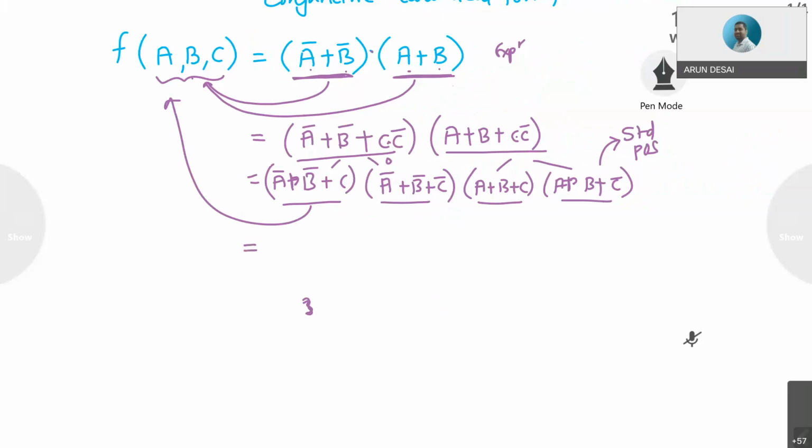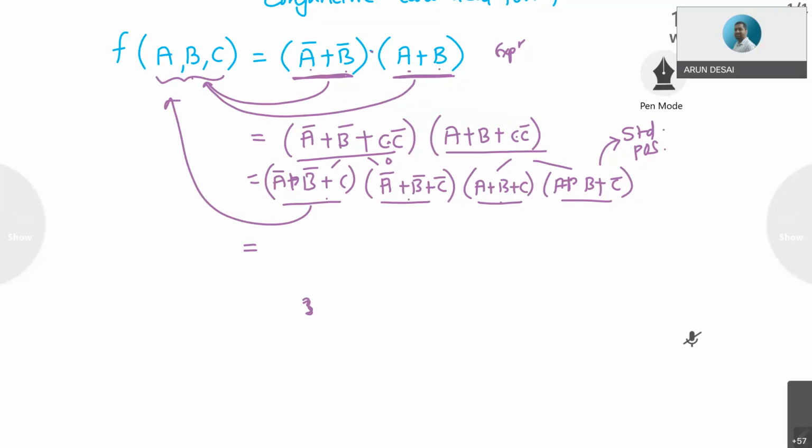If each and every sum term from that expression holds all the variables which are present in the function, then that expression is referred to as standard POS or canonical POS. So this is about standard POS and canonical POS.